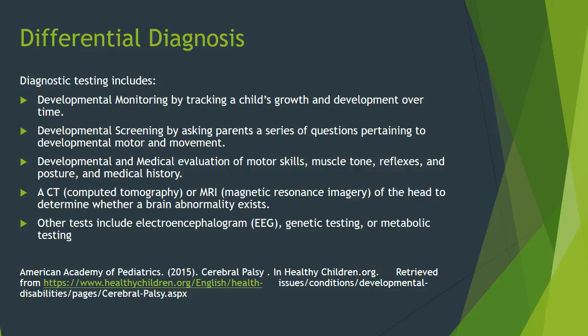There's CT and MRIs to get images of the head to determine whether there are any abnormalities in the brain. And the electroencephalogram, genetic testing, and other metabolic tests are used to confirm a diagnosis.